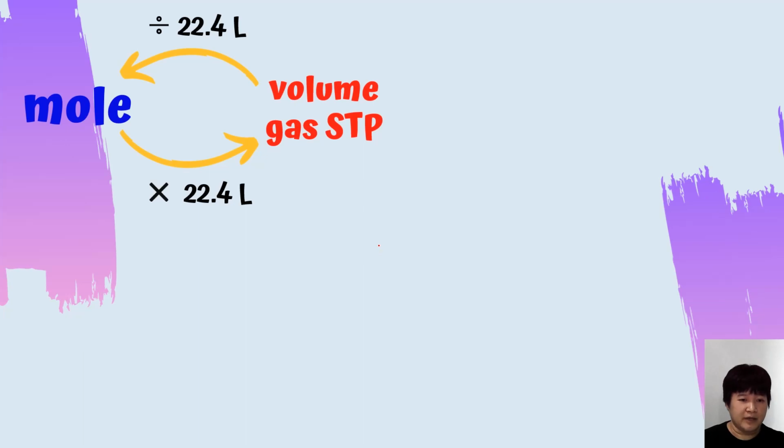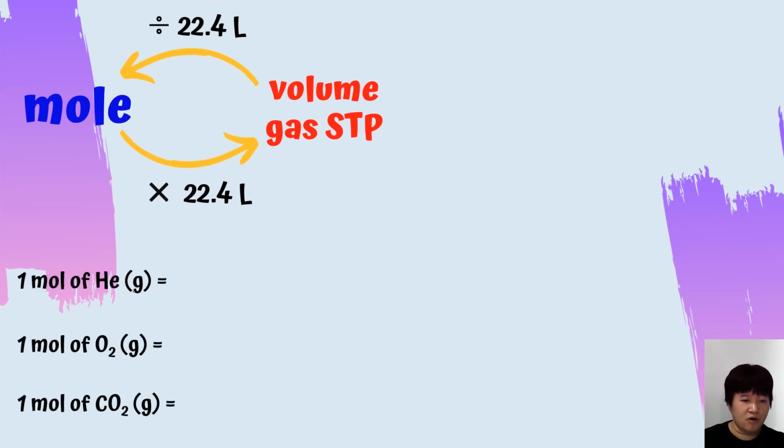Some examples over here. If I have 1 mole of helium gas, it is equal to 22.4 liter. If I have 1 mole of oxygen gas at STP, it will also be equal to 22.4 liter. If I have 1 mole of carbon dioxide gas at STP, it will also equal 22.4 liter.